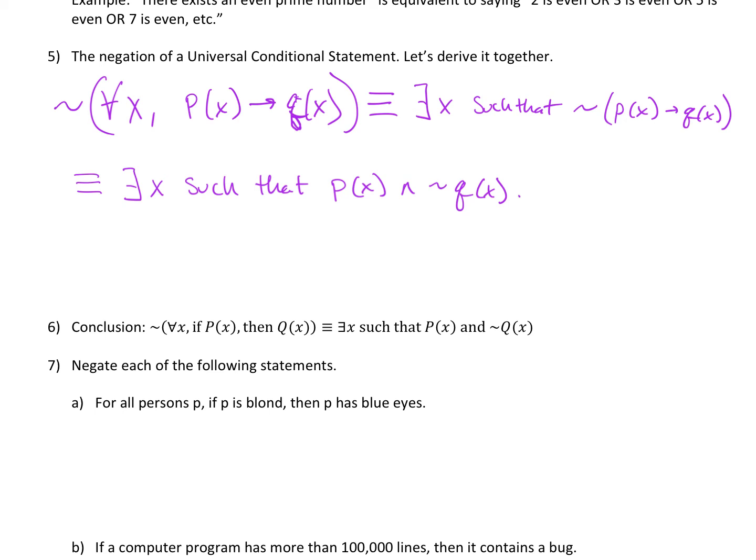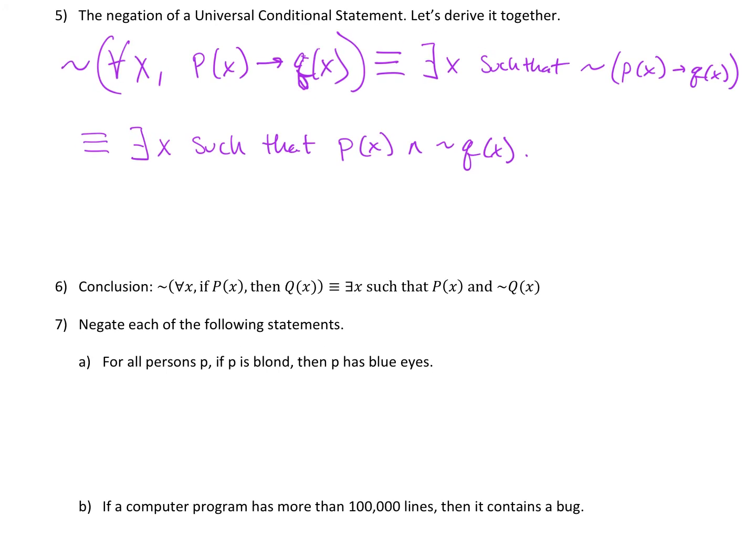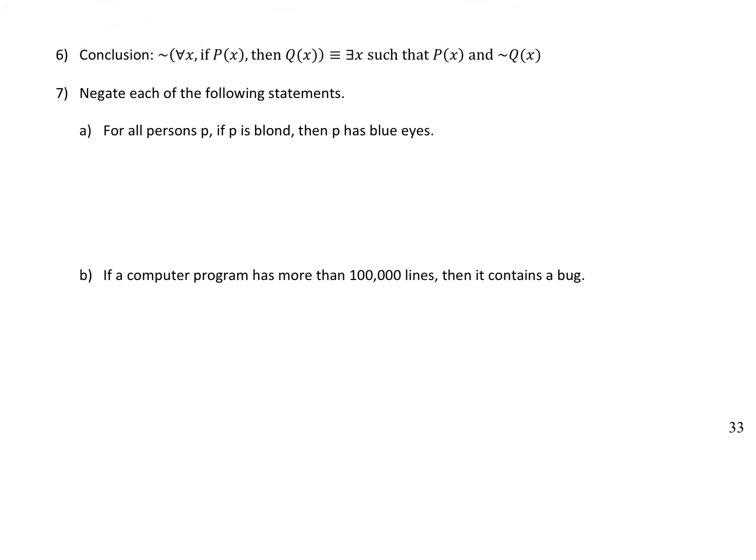So I rewrote it down here as our conclusion. The negation of a universal conditional is there exists an x such that p of x and not q of x. So let's use this to practice doing some negations. For all persons P, if P is blonde, then P has blue eyes.